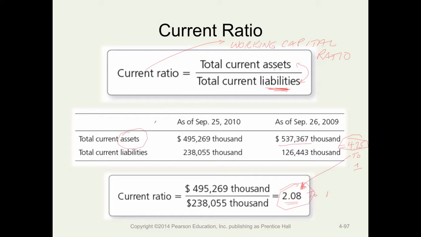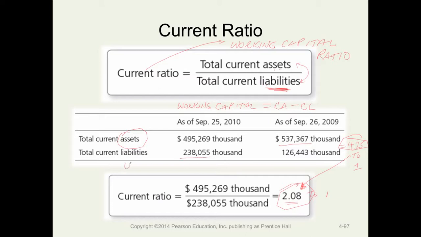Now I mentioned the term working capital. Another term that we use is working capital. Working capital is current assets minus current liabilities, and that is sometimes used as a measure of liquidity.